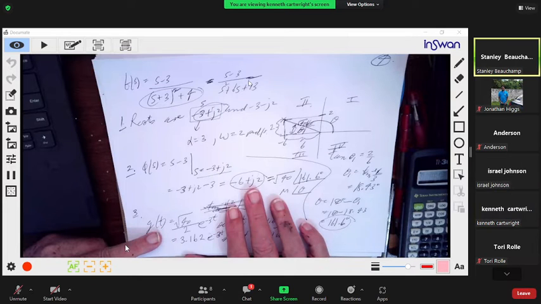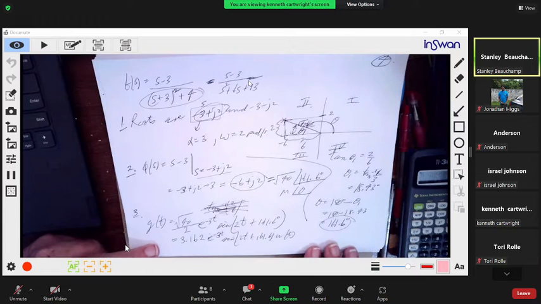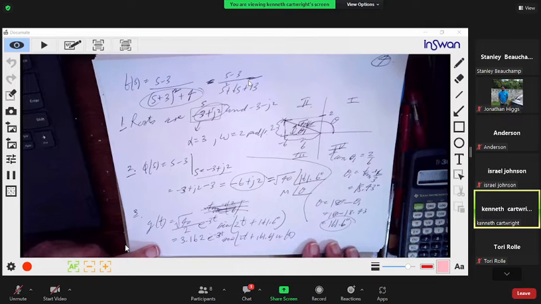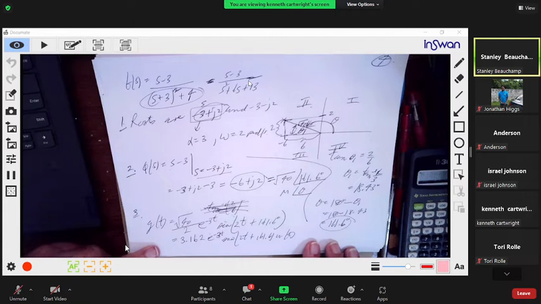Dr. Cartwright, when we find the roots, will we be required to show the working for the quadratic formula? Well, if you don't show any working, I can't give you part marks. My calculator can do that. I just use my calculator, double check the answer.